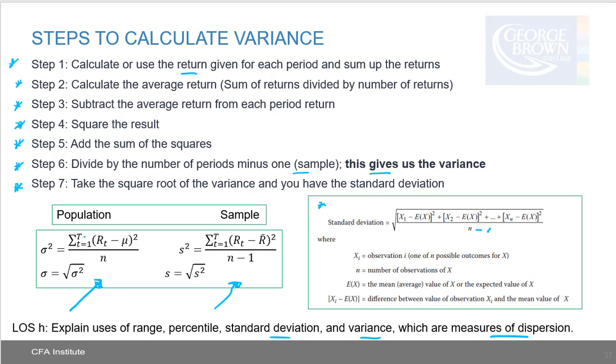So here for a population, the variance is the sum of the return minus the average return squared, divided by n, and the standard deviation is simply the square root of the variance, okay? So this is my own slide. It's the steps on how to calculate the variance, and standard deviation is the square root of the variance, okay? Not too difficult. When you see an example, it gets a little bit easier.